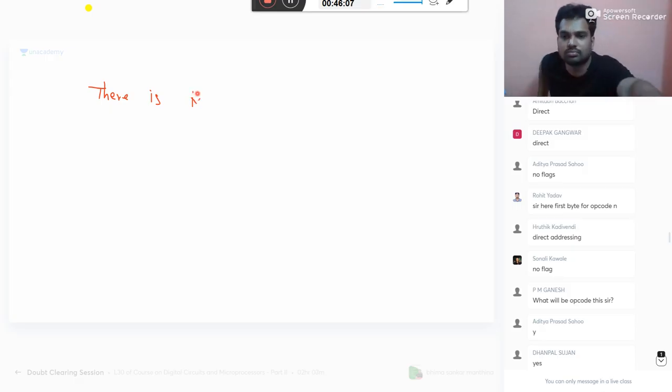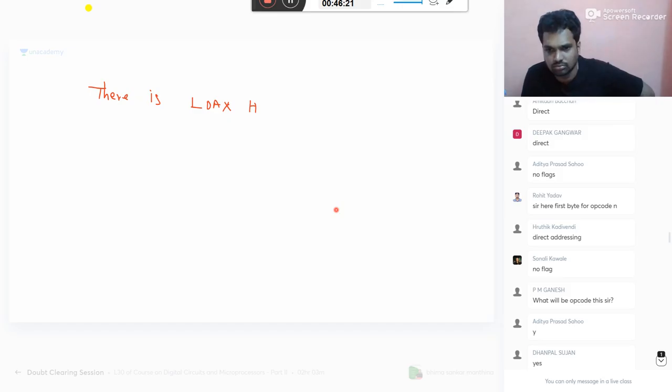And one more thing I want to say: there is no LDAX H. Why? I said LDAX B is there, LDAX D is there, but not HL. Why? Yes, Rohit. No. Already this instruction is there by the name move A comma M. Yesterday we discussed.